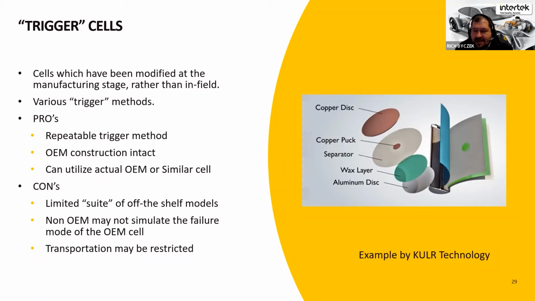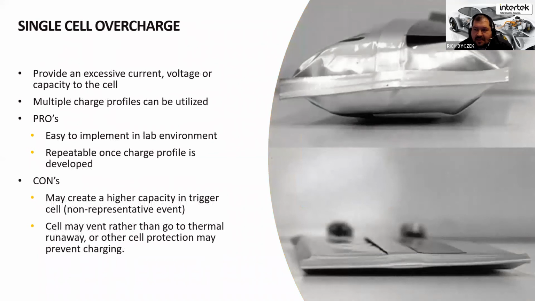So there is a limited suite of ones that are available off the shelf. So it's not always easy to find a trigger cell that's going to meet your application.